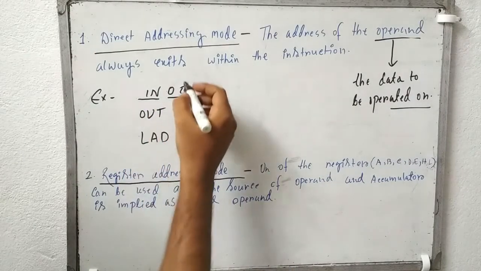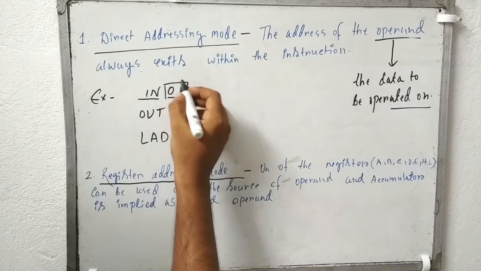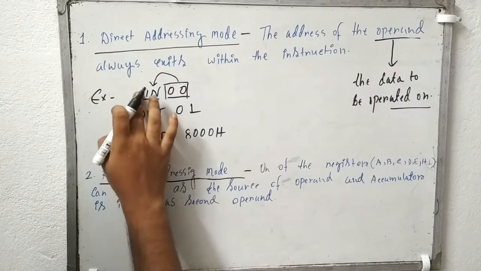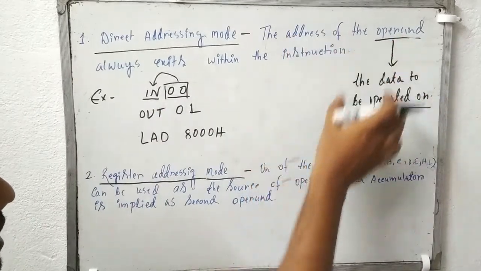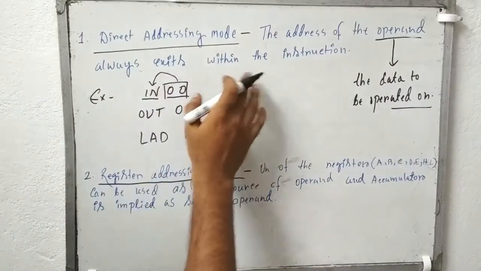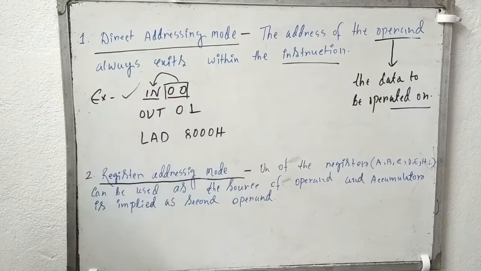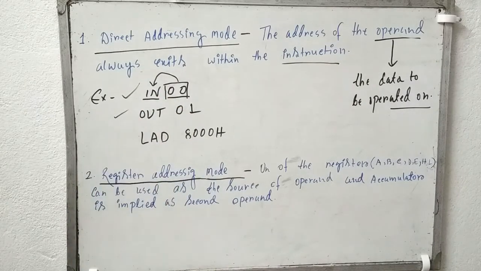So this is the address from where the data is to be read, and this is the instruction. The address of the data always exists with the instruction. The second one, OUT, means you have to write something into the output port.